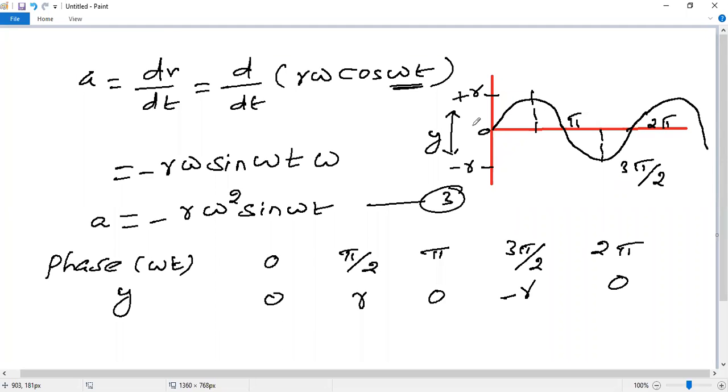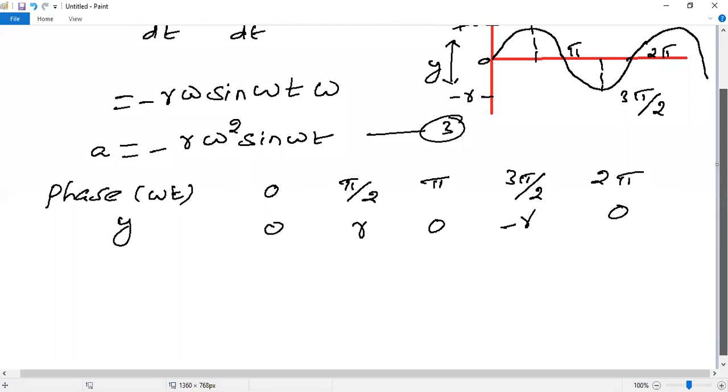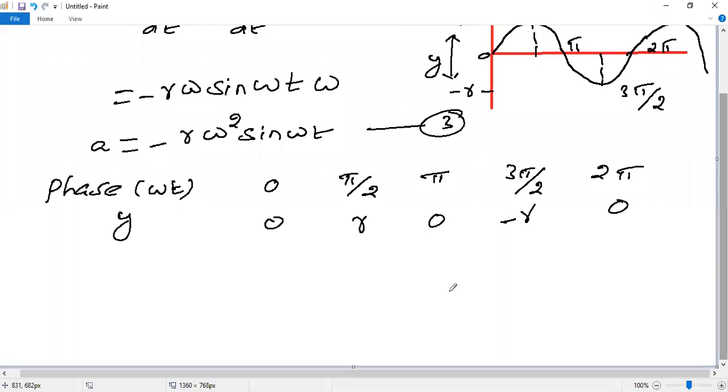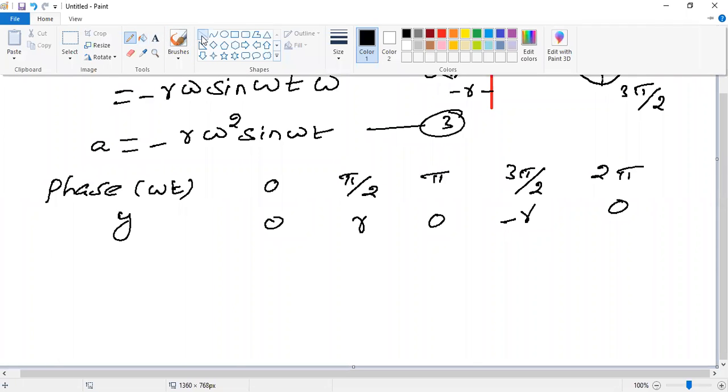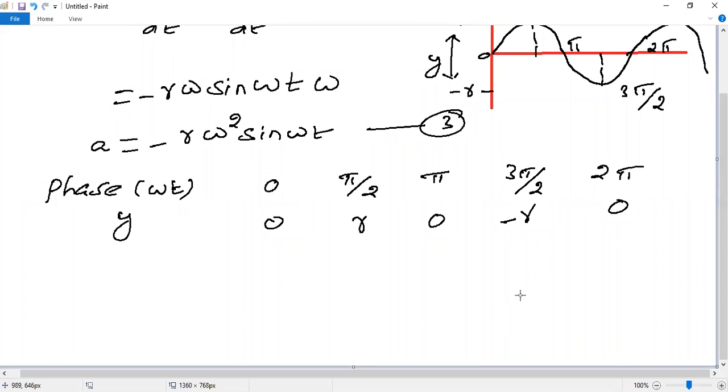Next one velocity. For the velocity I will draw the graph here. This is velocity. On this side acceleration.